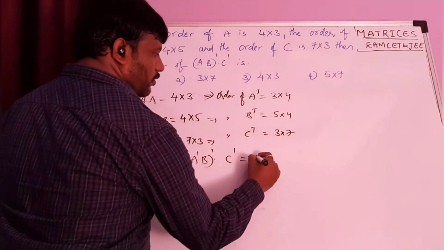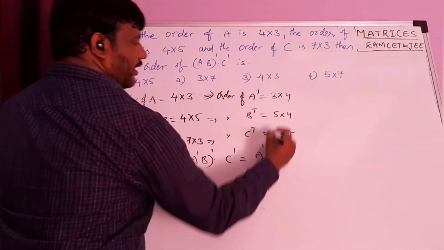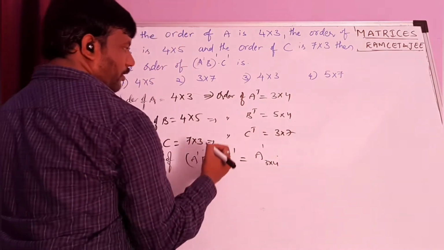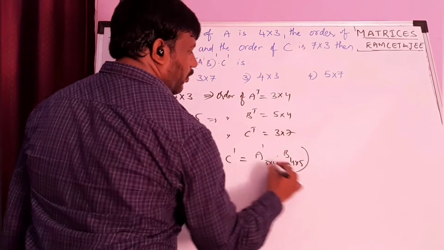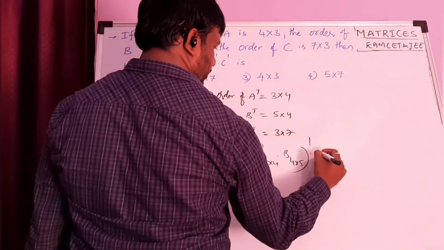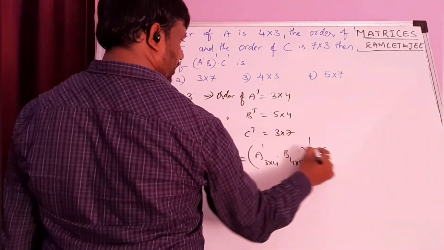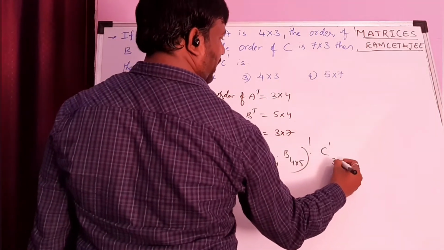So for this, the order of A dash is clearly 3 by 4, into B's order, which is 4 by 5, and whole transpose, into C transpose. The order of C transpose here is nothing but 3 by 7.